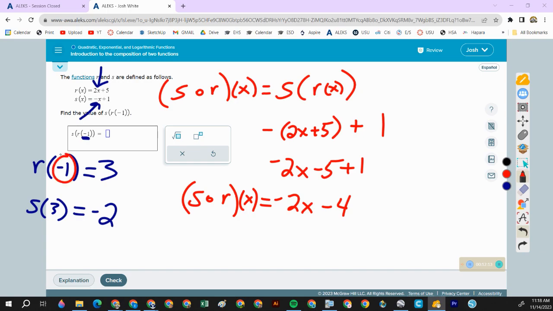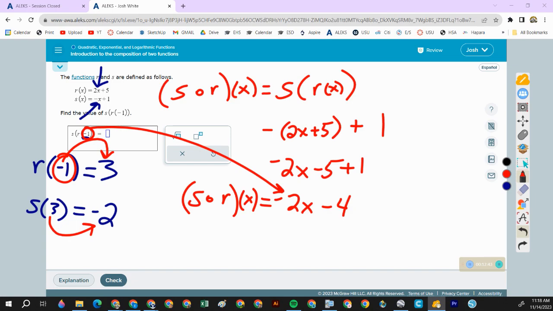So person 1 lives in city 3, and all kids in city 3 go to middle school -2. Okay? How else could I figure that out? I could just plug -1 in here. So -2 times -1 is 2, and 2 minus 4 is -2. That's how composition works.